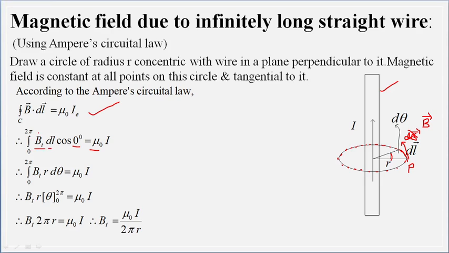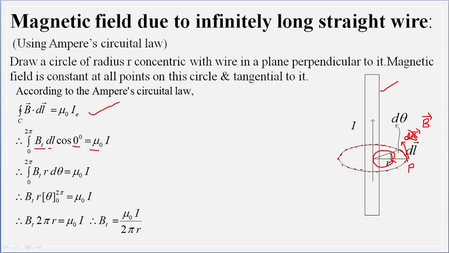Then we integrate dl all around that loop. That means the angle theta will go from 0 to 360 degrees, because at each and every point that element will be there. When adding the magnetic field, you have to take each and every dl.